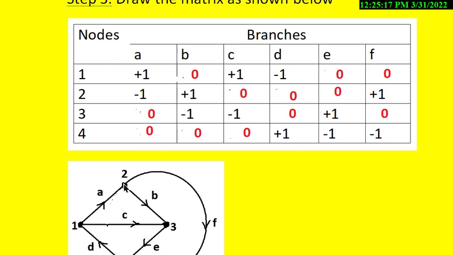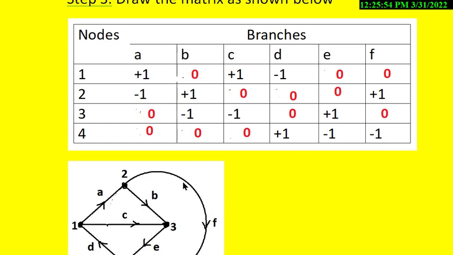If you look at this, the elements not connected are C, D, E. So go to those places and put 0, C, D, E. And the rest of the elements are connected to node 2, that is B, A, F. So take A. The current in A is flowing towards node 2, so put minus 1 here, whereas in B the current is flowing away from node 2, put plus 1.